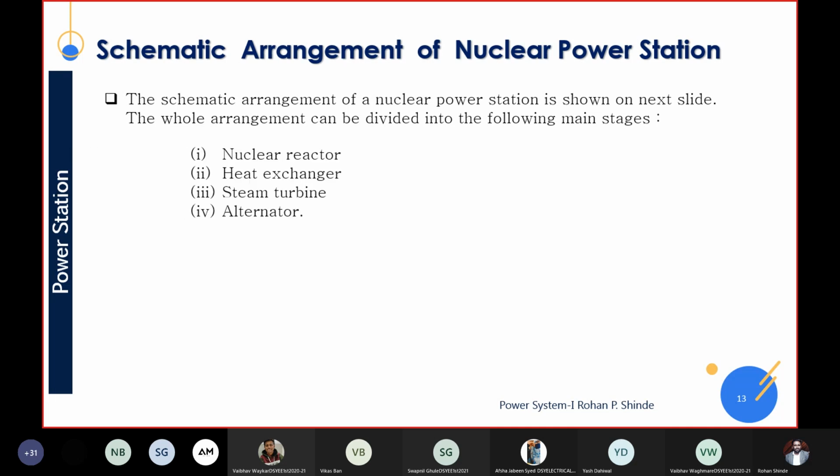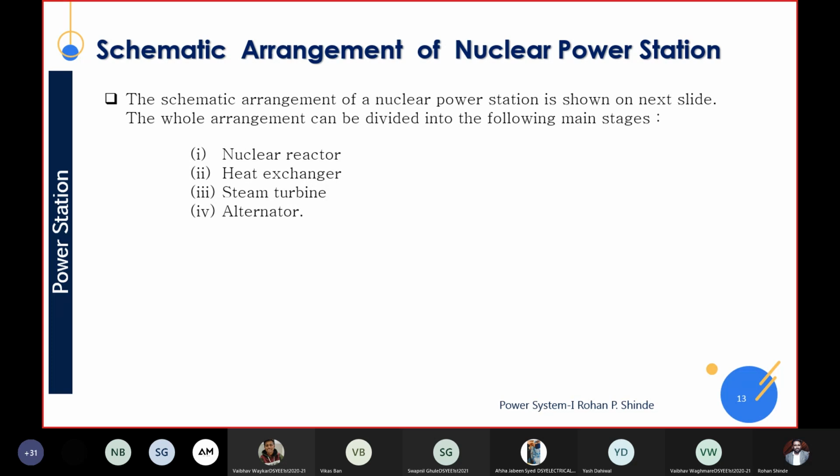Now see here, there are four main stages in a nuclear power plant. First stage, nuclear reactor. Second stage, heat exchanger. Third stage, steam turbine. And last is an alternator. Okay, now see here, these are the four important stages in a nuclear power station.